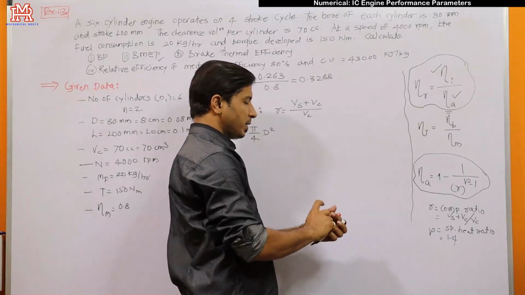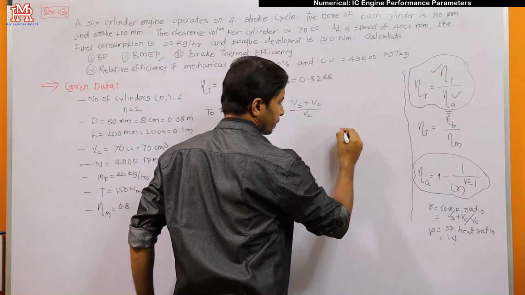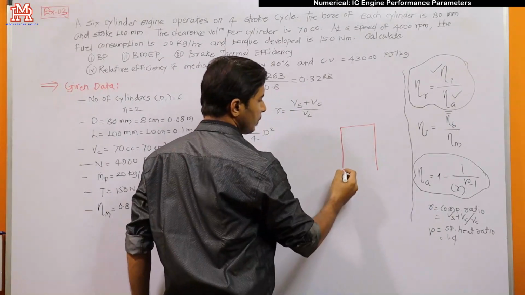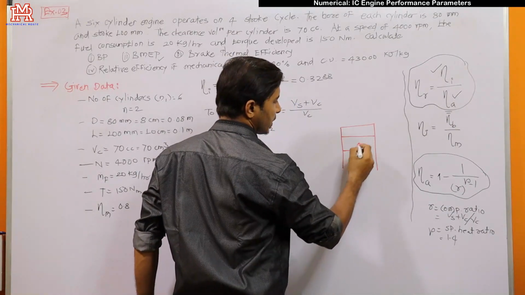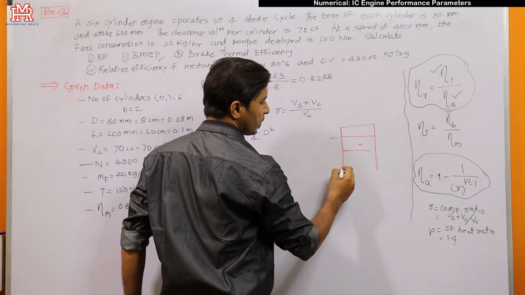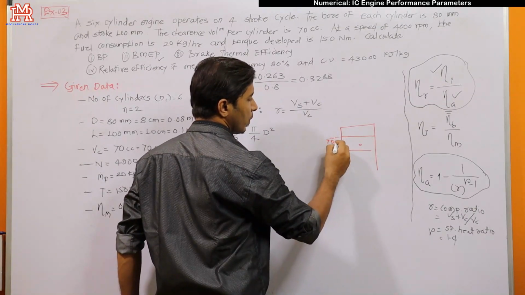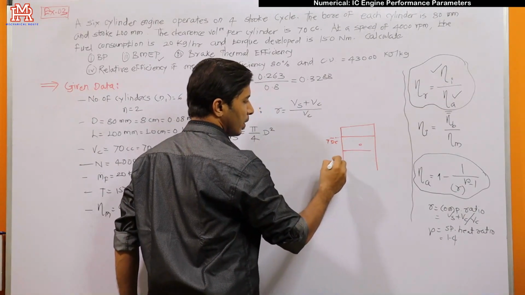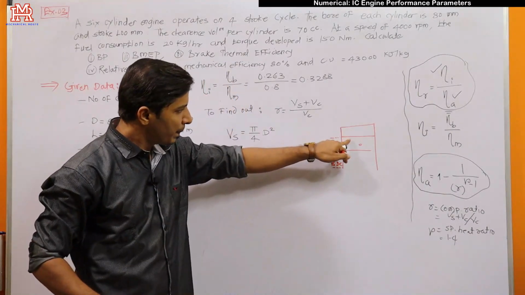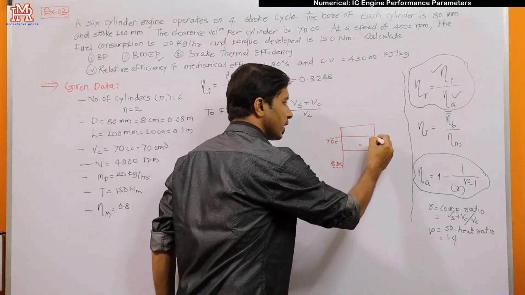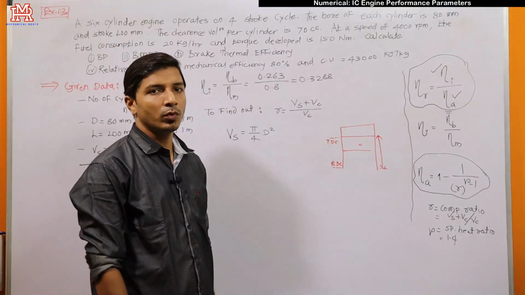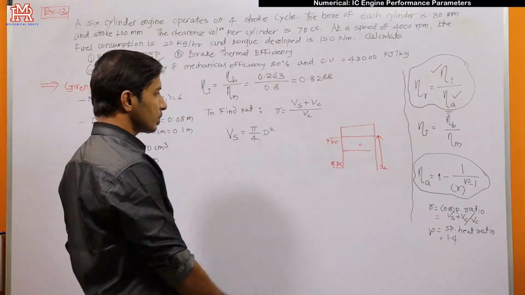For example, if this is a cylinder, the piston is moving from this point to this point, TDC to BDC. Then the volume swept by the piston while moving from TDC to BDC is nothing but the swept volume, or cc, of that particular engine.